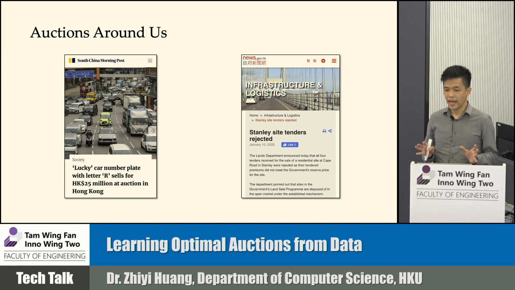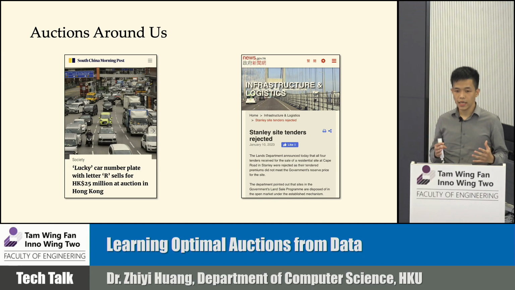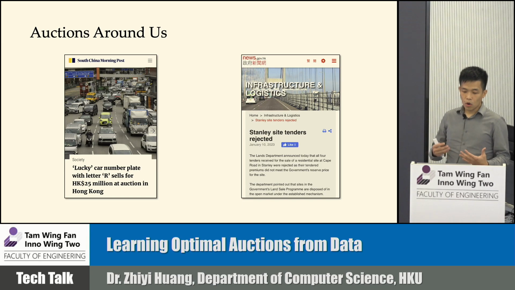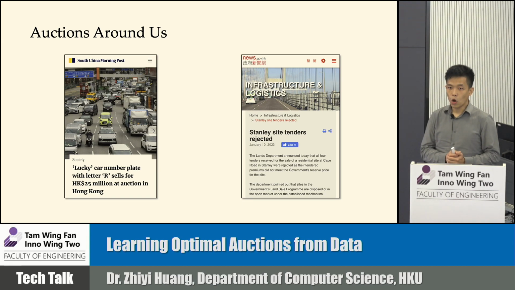The point here is that the competitors do not get to see what the other bidders submit. After everyone submits their bids, the government finds out who's the highest bidder and compares the highest bid to a reserve price for the site that the government set beforehand. If the highest bidder's bid is larger than the reserve price, then the highest bidder gets the land and pays what he bid.